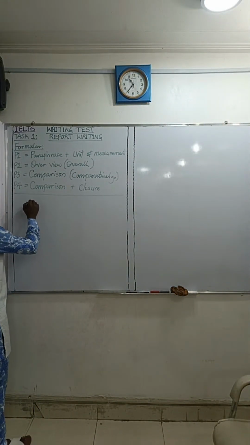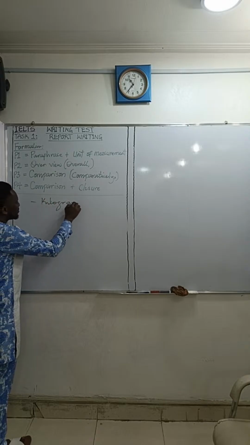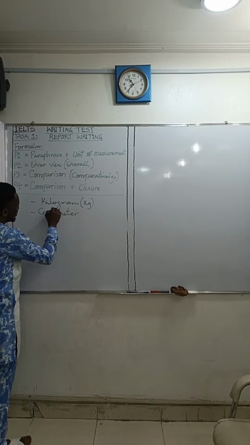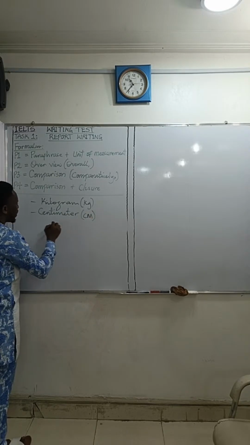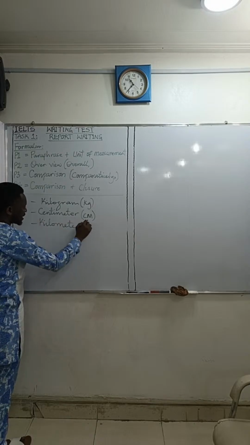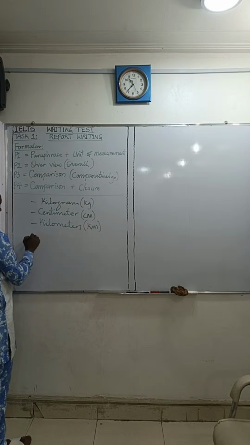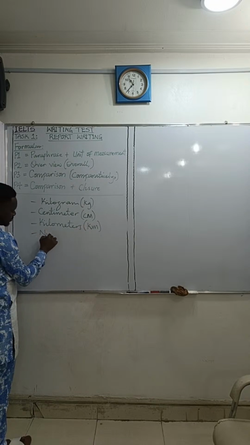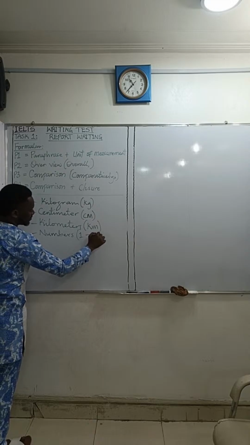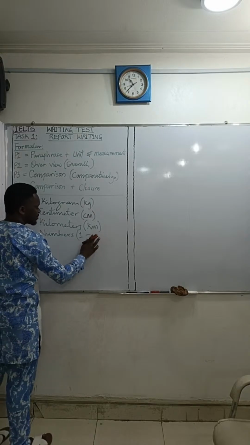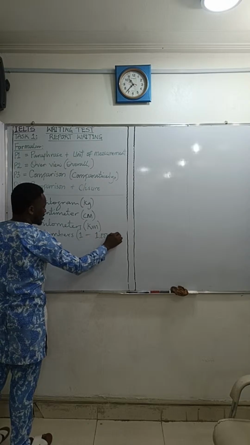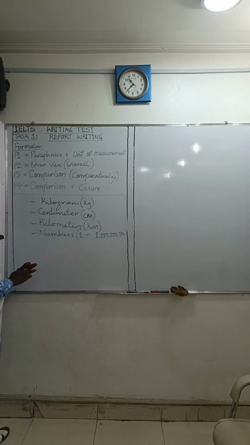Units of measurement can be kilogram, it can be centimeters, it can be kilometers, it can be numbers from 1 to maybe million, trillion, billion, whatever it is.